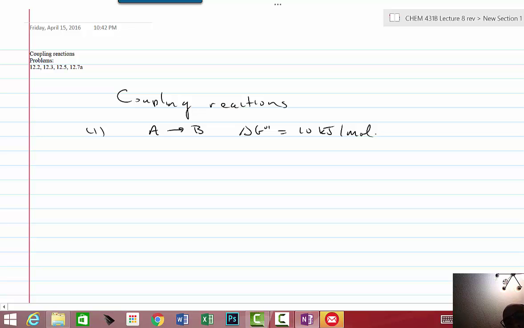Of course, that's an endergonic reaction, the first one. And let's say you have a second reaction where you have C going to D, and the delta G for that is going to be minus 30 kilojoules per mole.